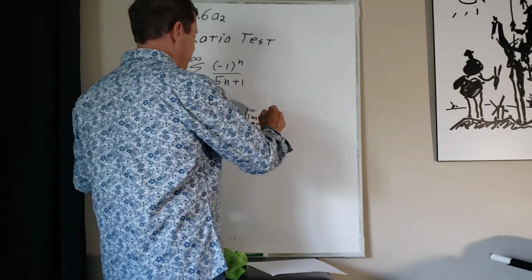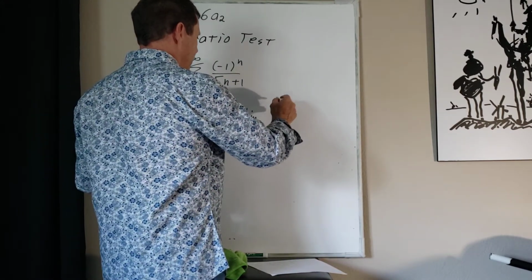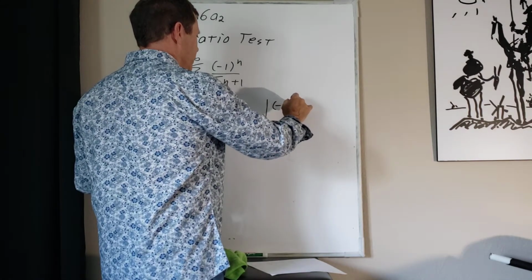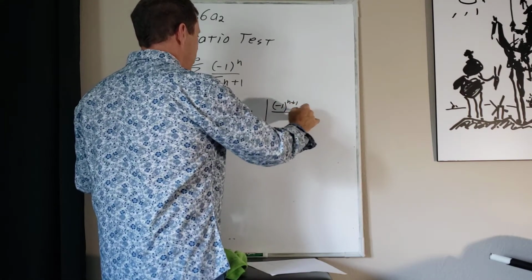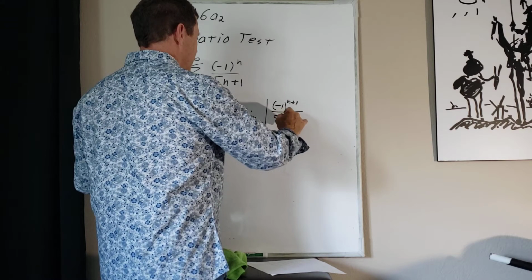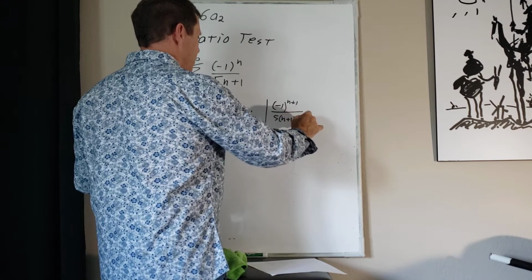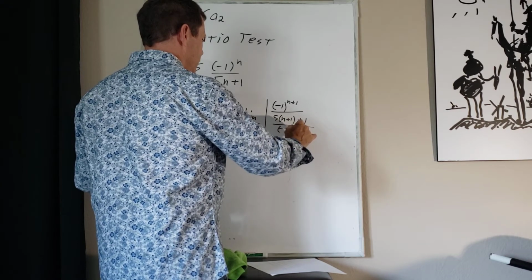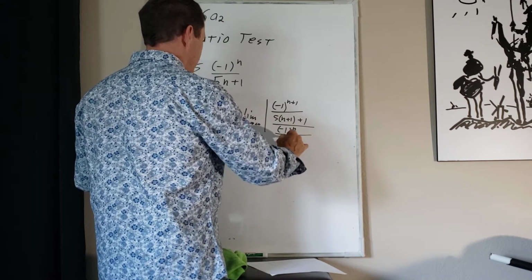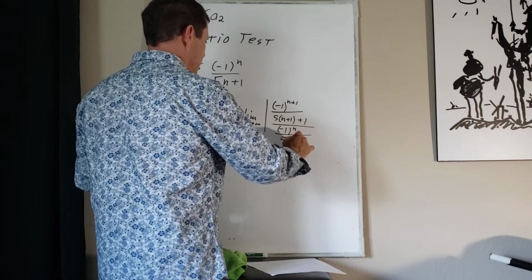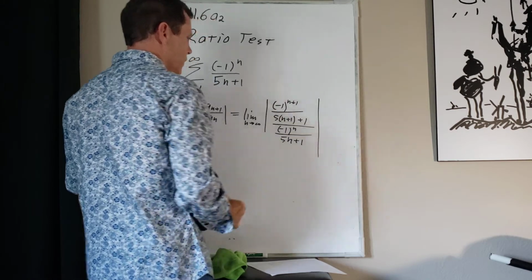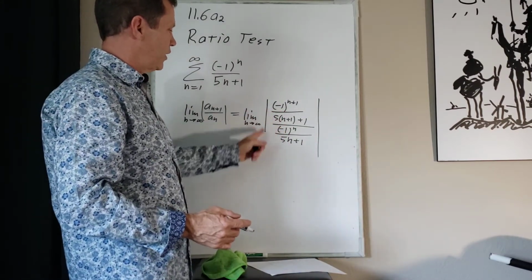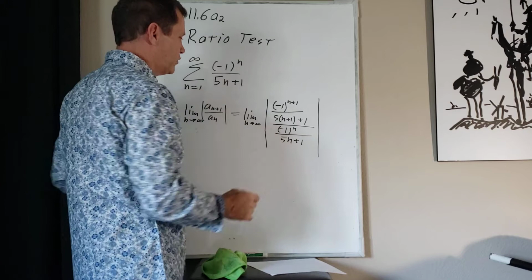So that's going to be the limit of, I'll go ahead and put the negatives in first so I don't confuse you, negative 1 to the n plus 1 over 5 times n plus 1 plus 1, over negative 1 to the n over 5n plus 1. Okay, again, these don't matter because I got absolute value bars, so the negative signs don't matter, so I can drop these.